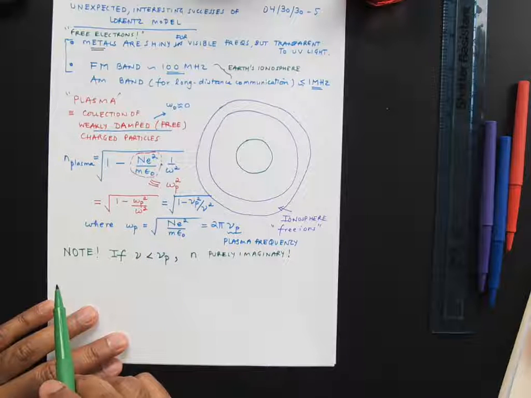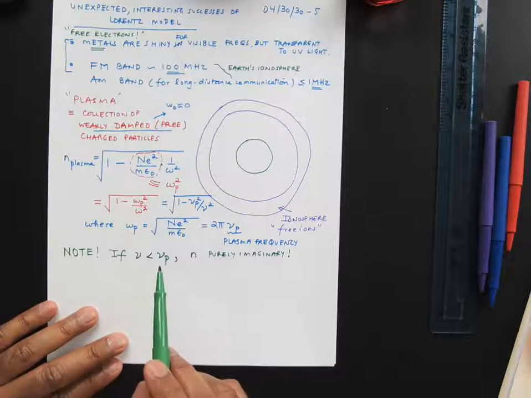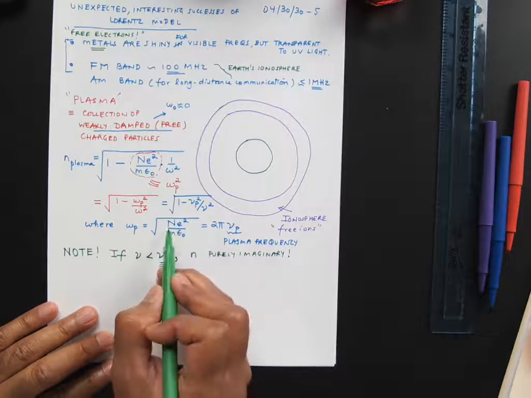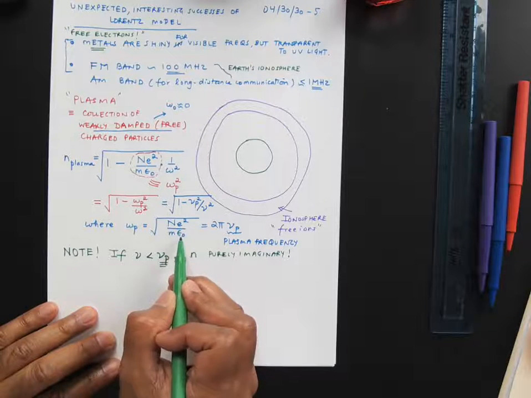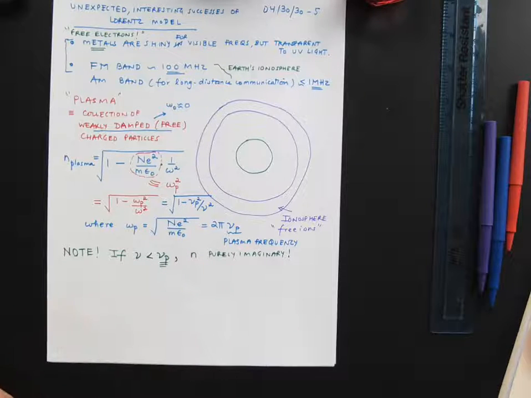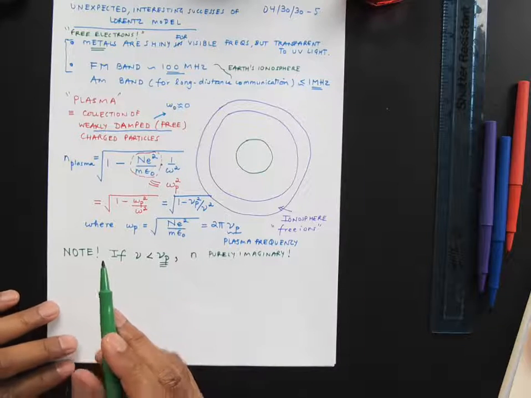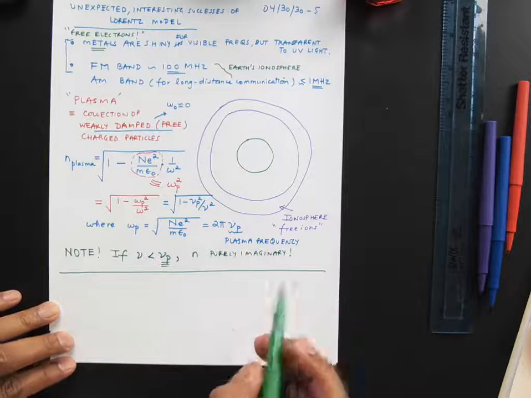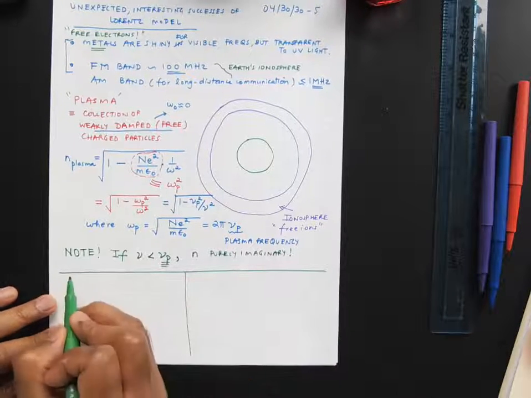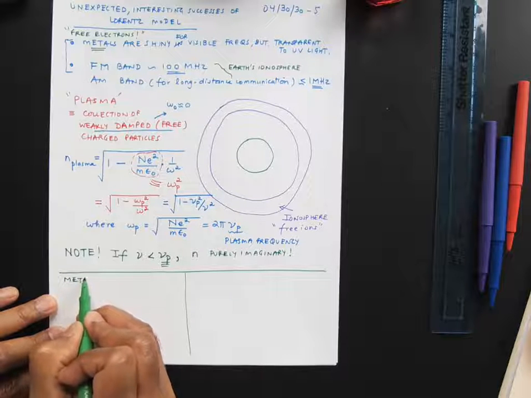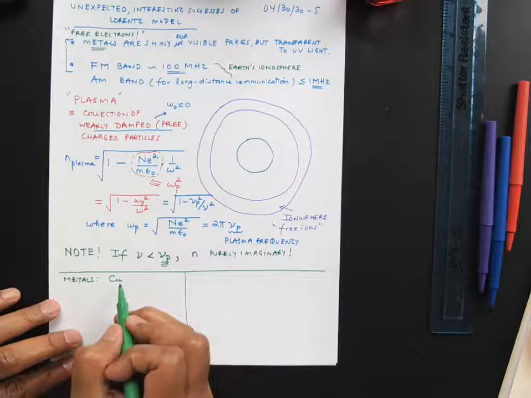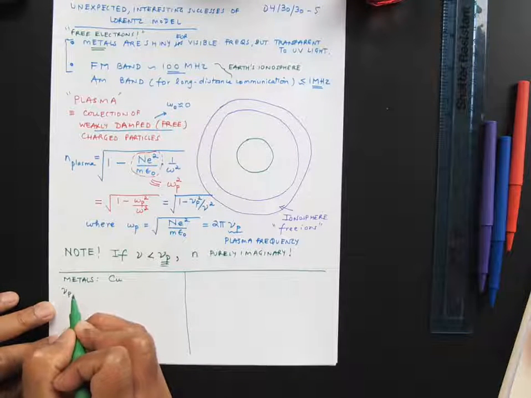And the other thing is that the plasma frequency depends on the medium. For example, it depends on the number density, electron charge, mass, epsilon naught. So I can actually work it out. Let's do the metals first. Let's just do copper, and I can work out for copper what the plasma frequency is.